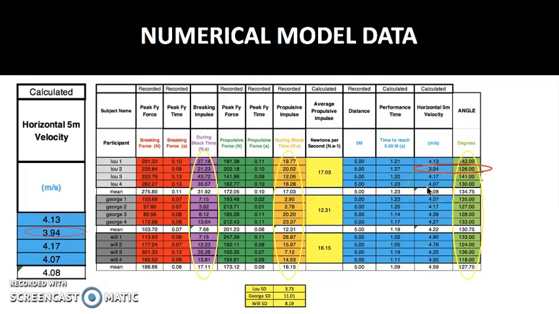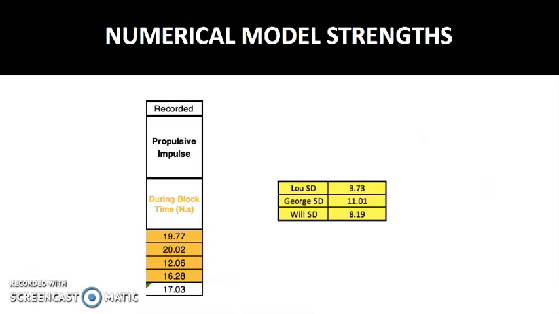Their horizontal 5-meter velocity, as shown here, was the lowest of all the performers. So some things they're better at than the rest of the performers, and some things they're worse at. Let's take a closer look into what they're better at. They obviously have a high propulsive impulse, and that's advantageous, as we've said before, as it propels the performer forward.